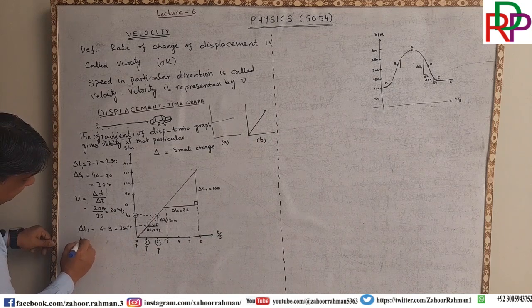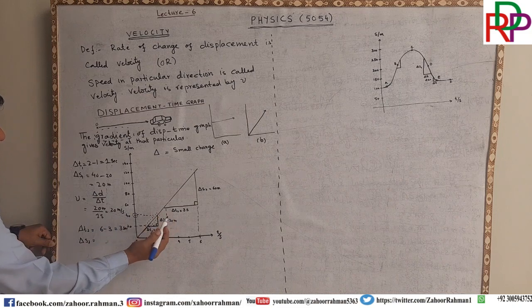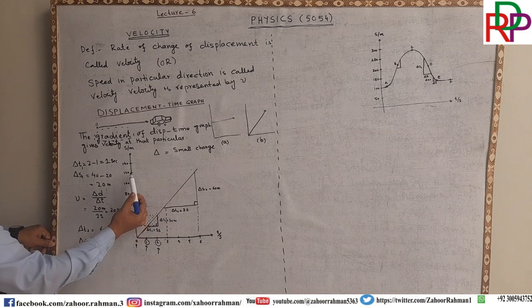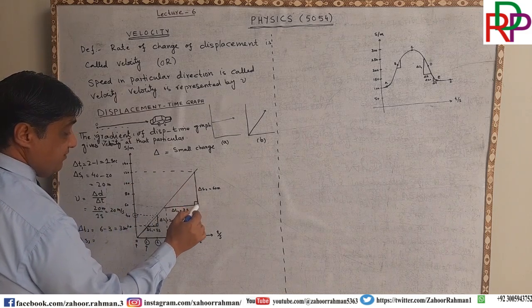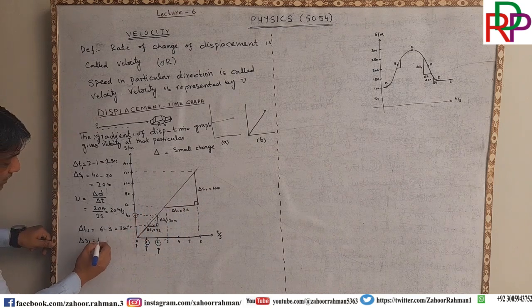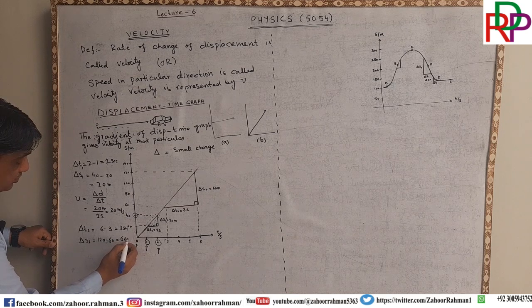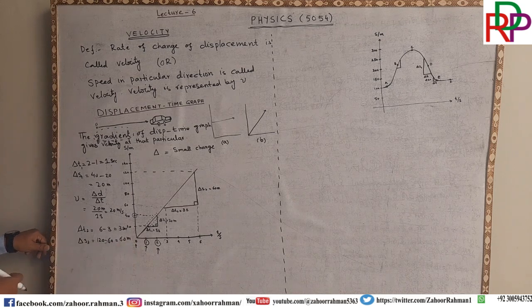Similarly, delta s2 is here 60 and here it is 120, so 120 minus 60 is equal to 60 meter.